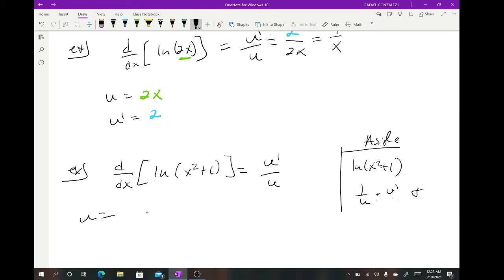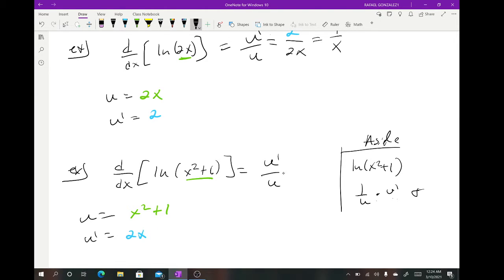Let's see what u is. u is the inner function, which is x squared plus 1. That means that u prime, the derivative of u, is equal to 2x plus 0, because the derivative of 1 is 0.